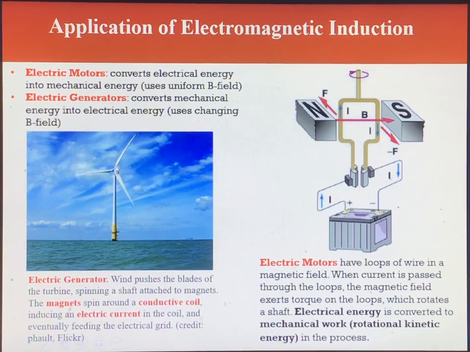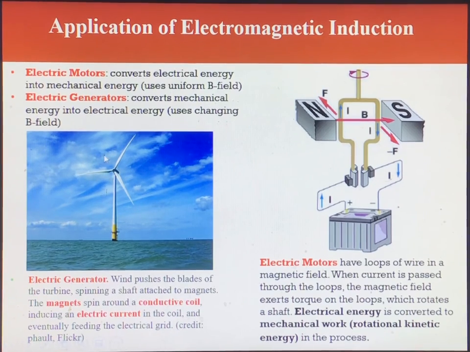This is an example of an electric generator, a wind turbine. As the wind pushes against the blades, it causes them to rotate.